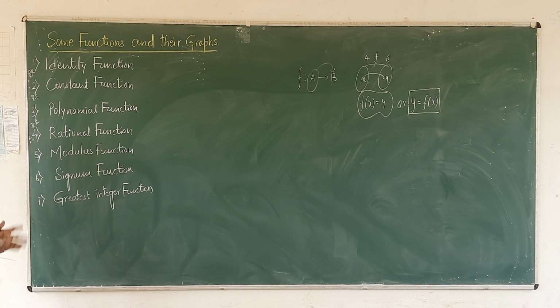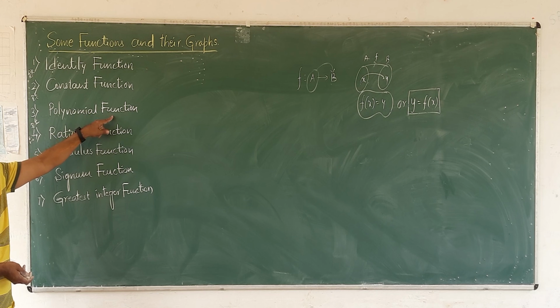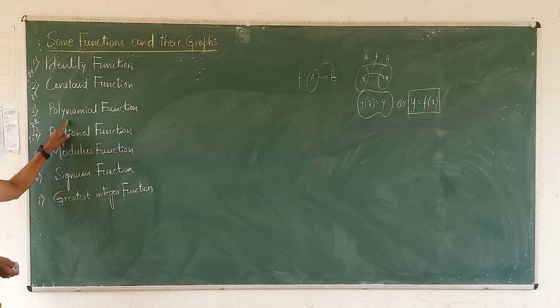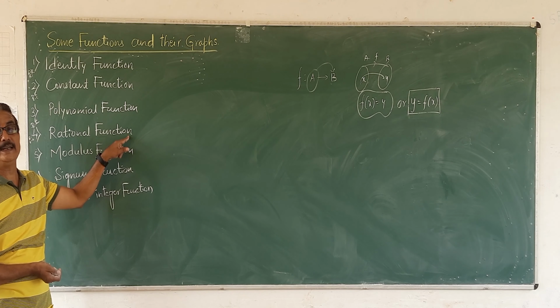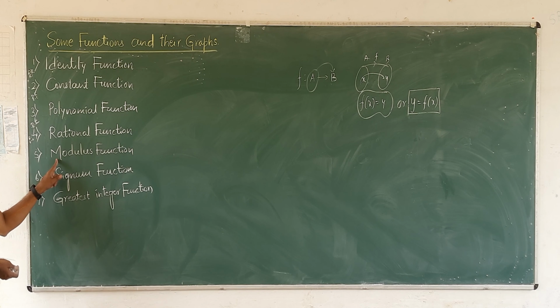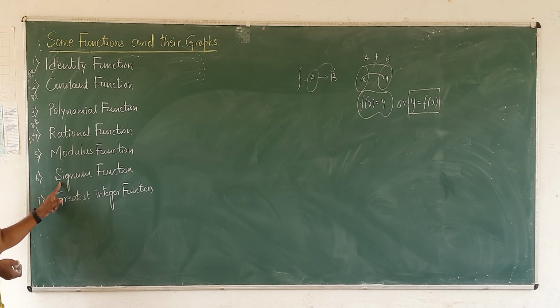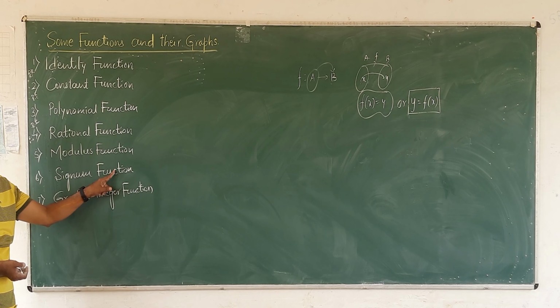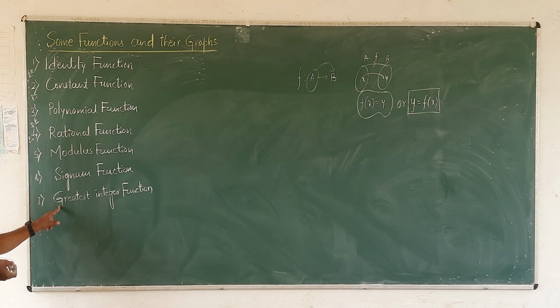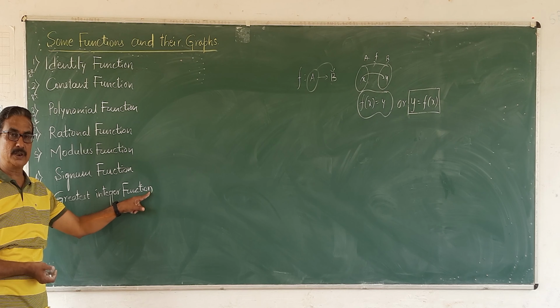Namely, first type is identity function. Type number 2, constant function. Type number 3, polynomial function. Poly means many terms. Type number 4, rational function. It is in the form p by q. Type number 5, modulus function. Type number 6, signum function. Type number 7, greatest integer function.